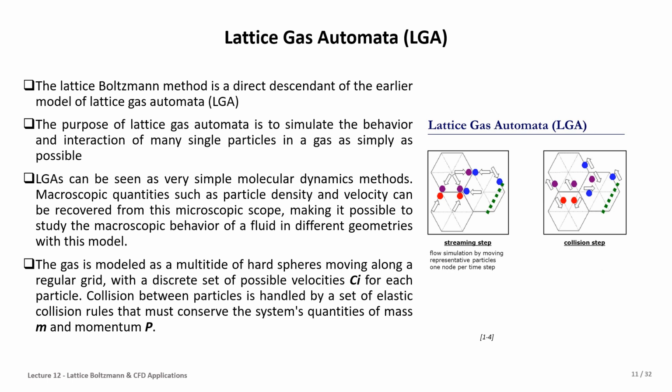So regarding the particles simulated on this model in the LGA, it's based on collision, which means when two particles collide with each other. In the collision step, collision rules are used to determine what happens if multiple particles reach the same site. These collision rules are required to maintain mass conservation and conserve the total momentum.